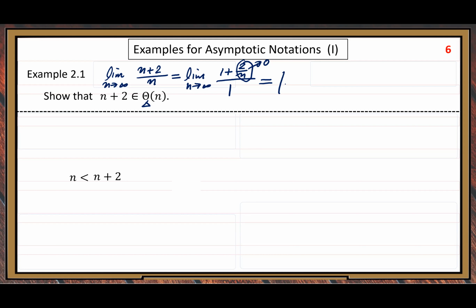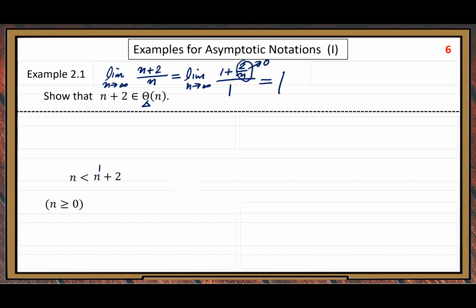Definitely n squared is an upper bound, but it's not good, because you change the order of growth. For n squared the order of growth is 2, but here the order of growth is 1. You change the order of growth. That's not good.